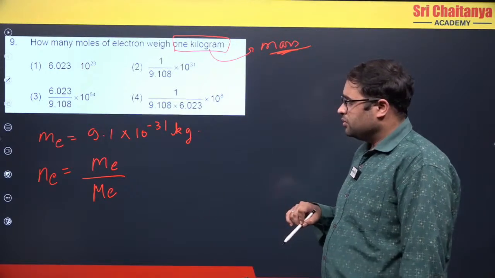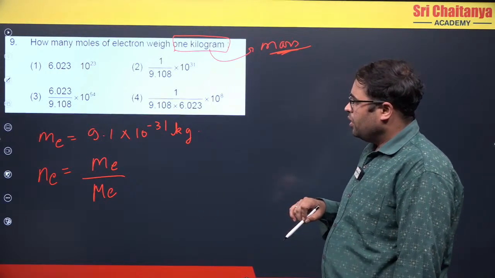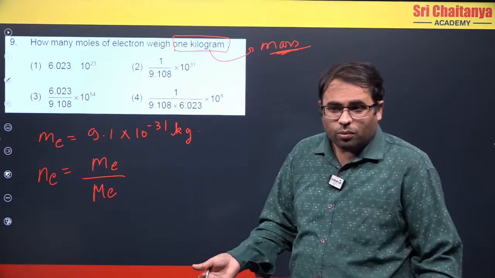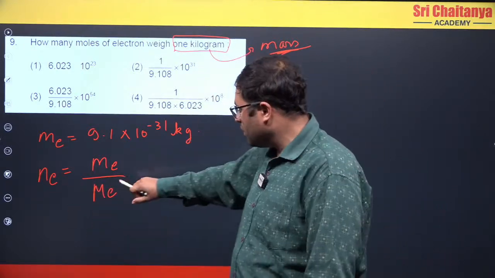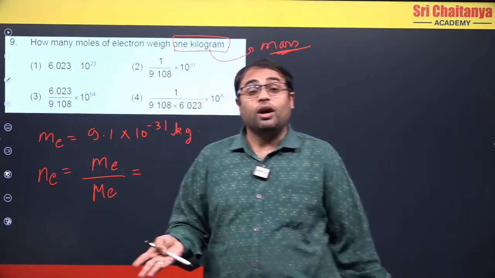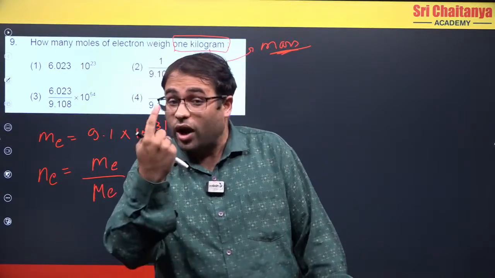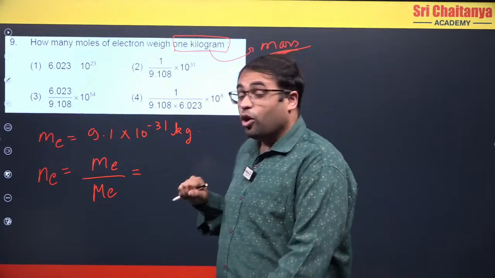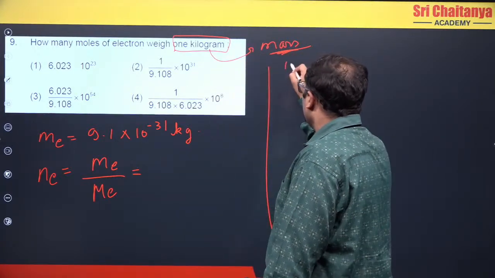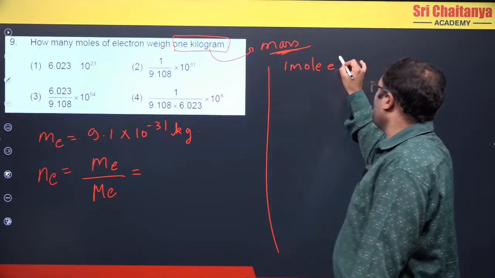But you don't have anything called molar mass of electron, right? What is molar mass of electron? What is the definition of molar mass? Molar mass is the mass of 1 mole particles. How many particles are 1 mole particles? 1 mole electrons means how many?